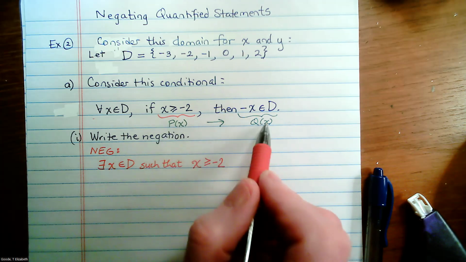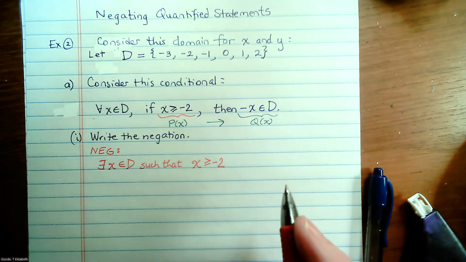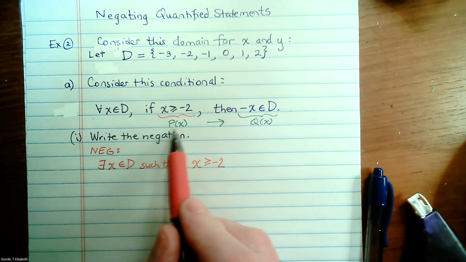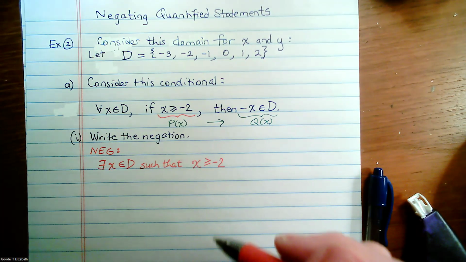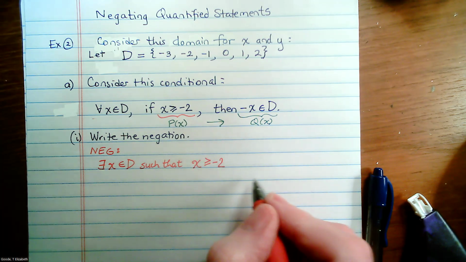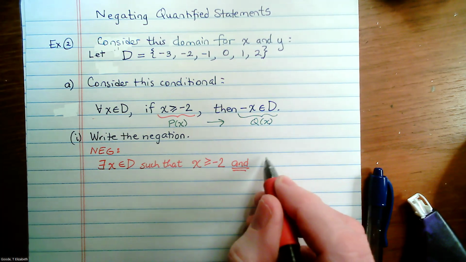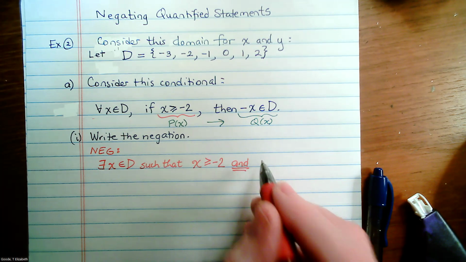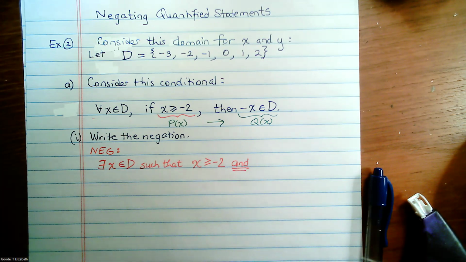These are predicates. Both of these are predicates, and this entire thing is a big predicate, but they are properties. You can think of predicates as properties. Such that X is greater than or equal to -2 and, and so we would negate Q of X. That's right.